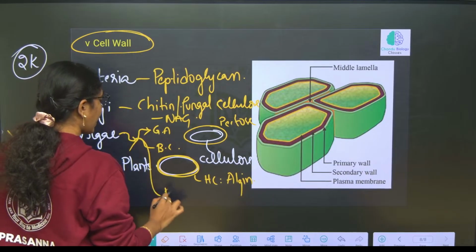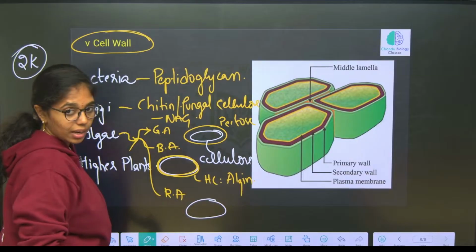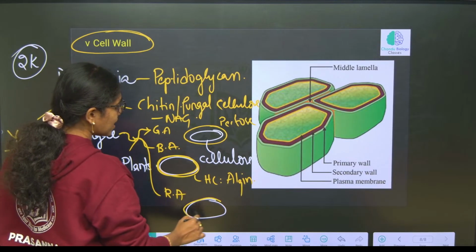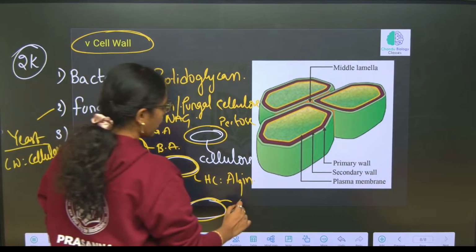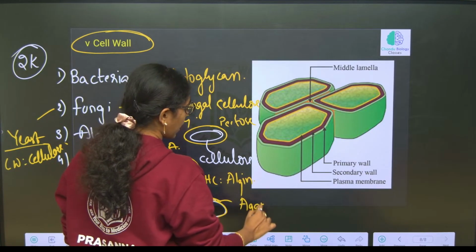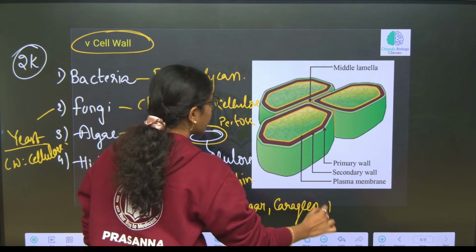And red algae also has a cellulosic cell wall, but above the cellulosic cell wall it also has hydrocolloid composition like agar, carrageen and fumarate.